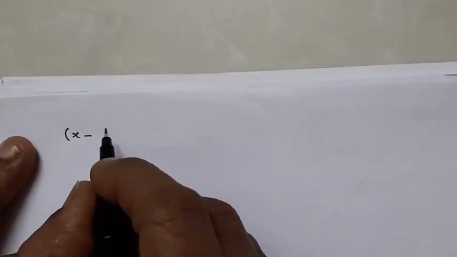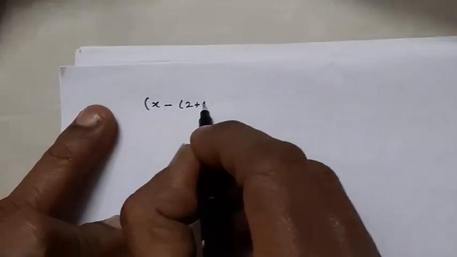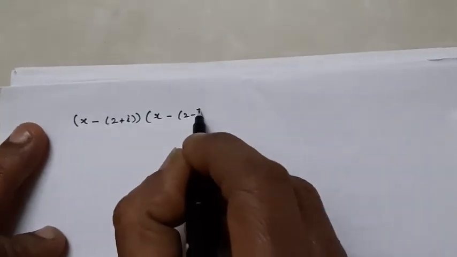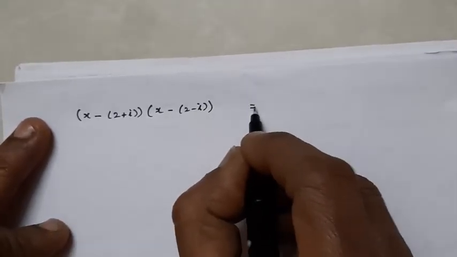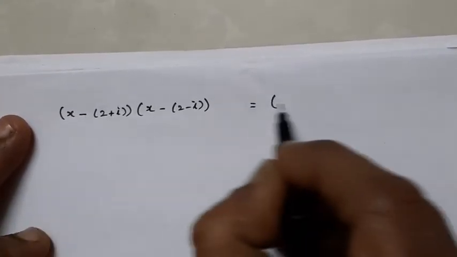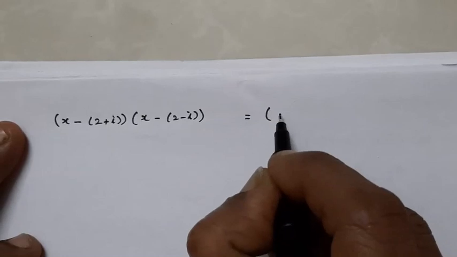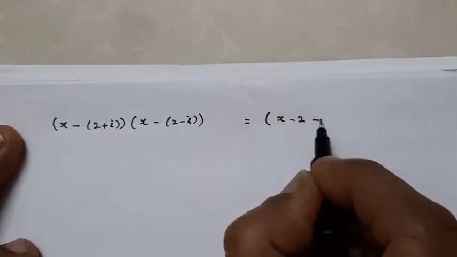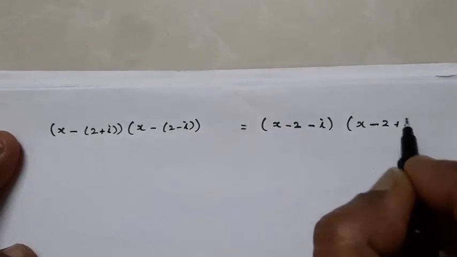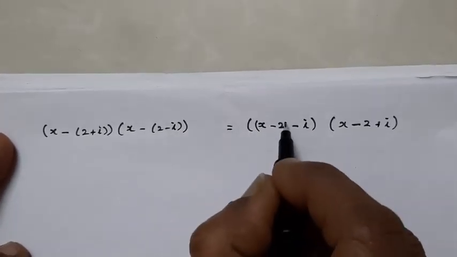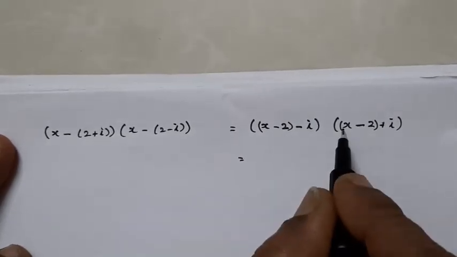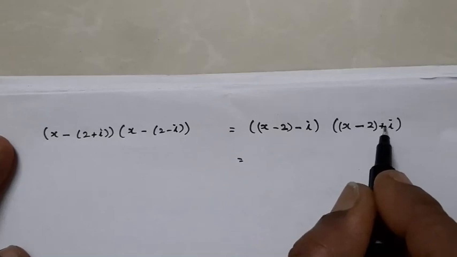So x minus (2 plus i) is one factor, and another one is x minus (2 minus i). First let us multiply these two factors. Rewriting, they become x minus 2 minus i, and x minus 2 plus i. Let us group x minus 2 in both, and this is of the form a plus b into a minus b.